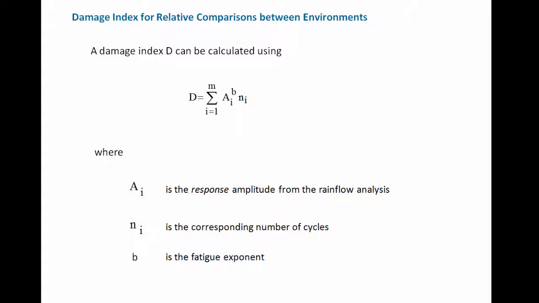And if there's any uncertainty as to what that b value should be, we might do a family of b values or a parametric study, as long as we're consistent between the 2 different environments. Today, our 2 environments are the NavMat PSD, and a Sine environment, which we're going to get to shortly.